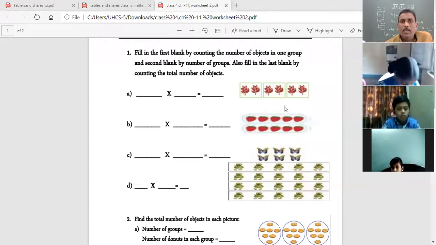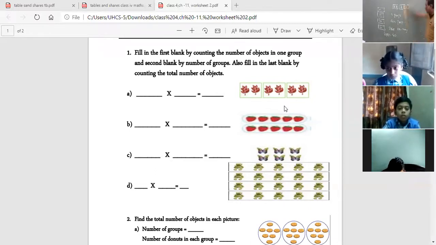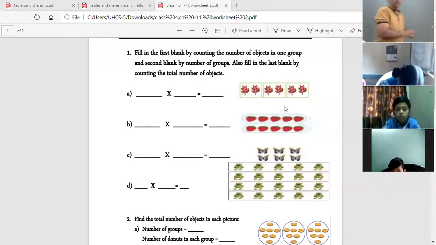Fill the first blank by counting the number of objects in one group, the second blank by the number of groups, and the last blank by counting the total number of objects. Here, first blank: in each box, 2 leaves or 2 flowers, whatever it may be.